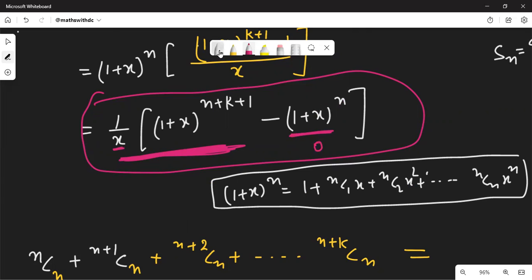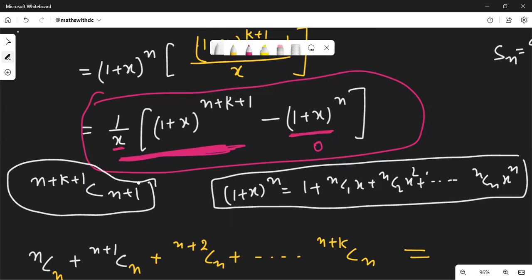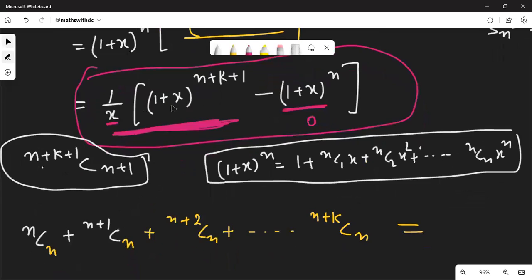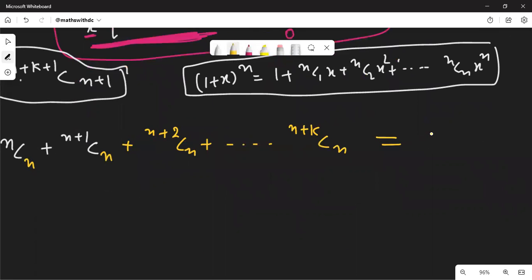And from here, the coefficient of x to power n plus 1 would be n plus k plus 1 C n plus 1. So this minus 0, right? When equating coefficients, we are saying this thing is the same as n plus k plus 1 C n plus 1. That should be your answer.